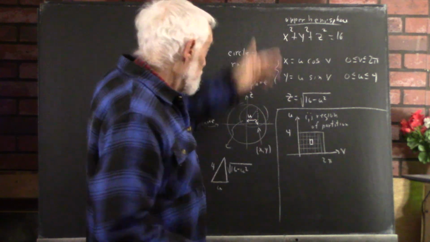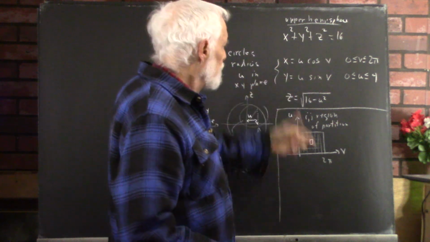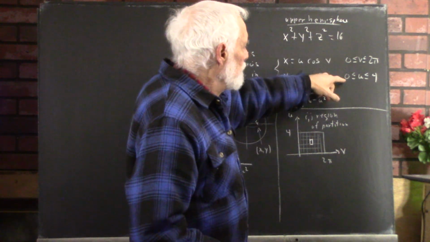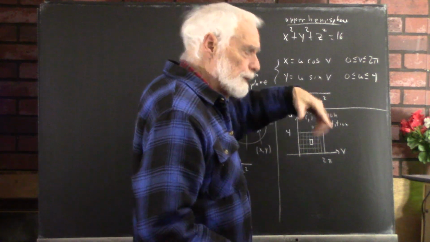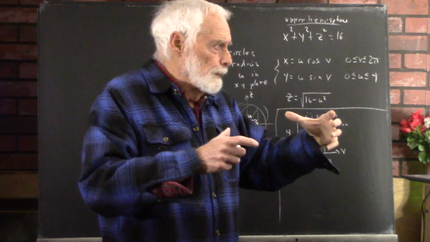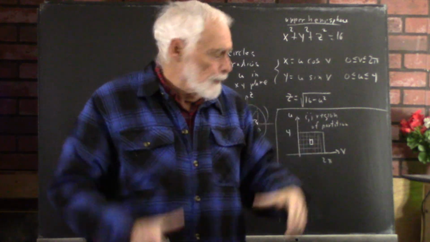Now, the hemisphere has radius 4, so the circles will go out to radius 4, with these limits on u and v: v going from 0 to 2 pi naturally, so we do the whole circle, and u going from 0 to 4, so the circles spread out from the origin like ripples on a pond to the boundary of the sphere.